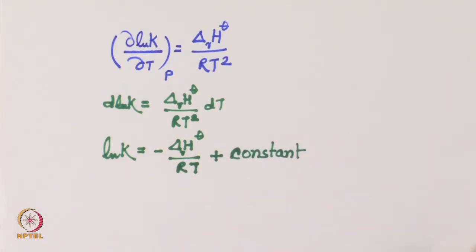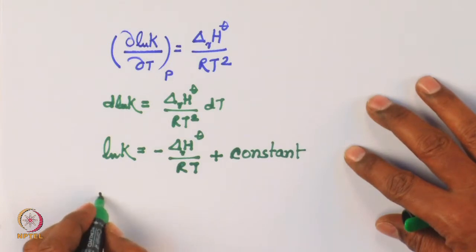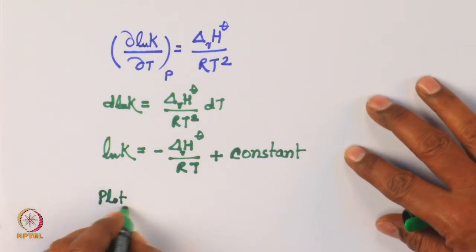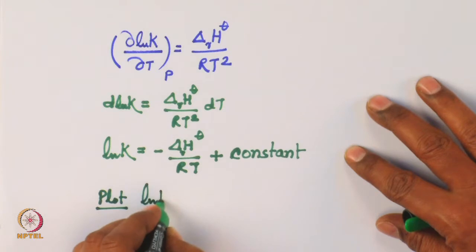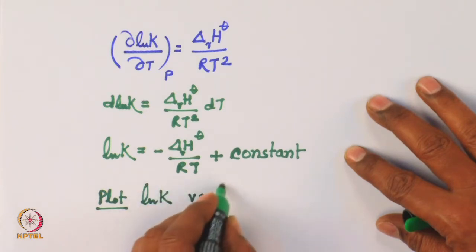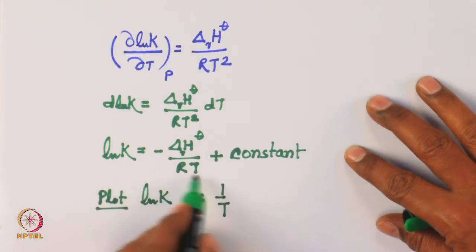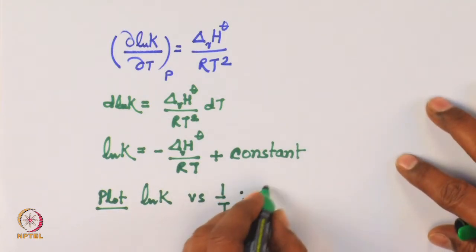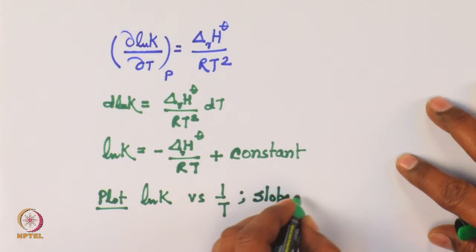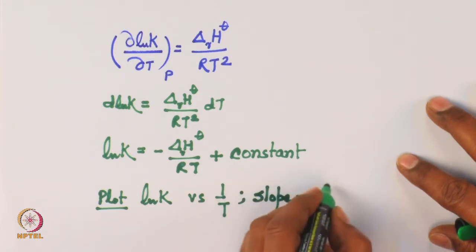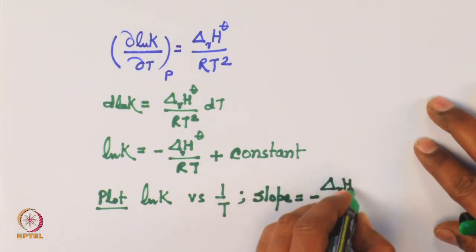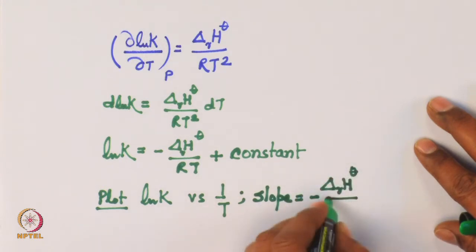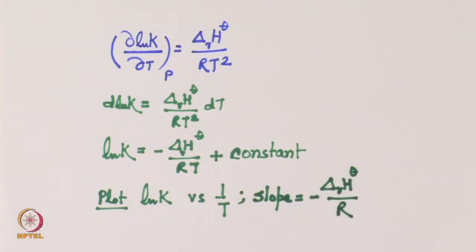So, what we need to do is plot log K versus 1 by T. Once you plot log K versus 1 by T, the slope will be equal to minus delta rH naught by R. This is what you are going to get.